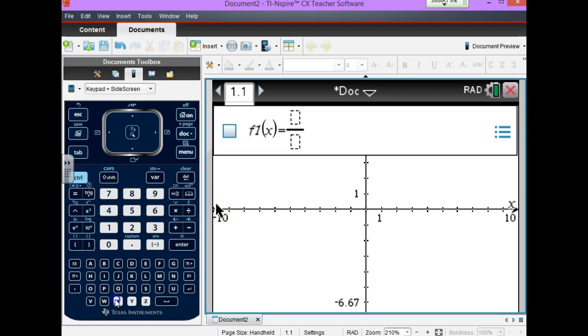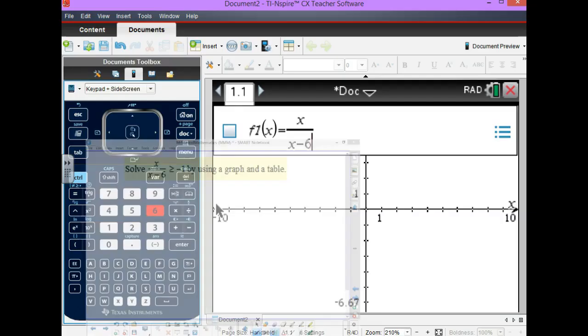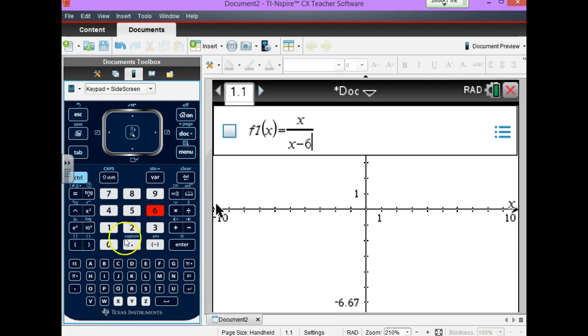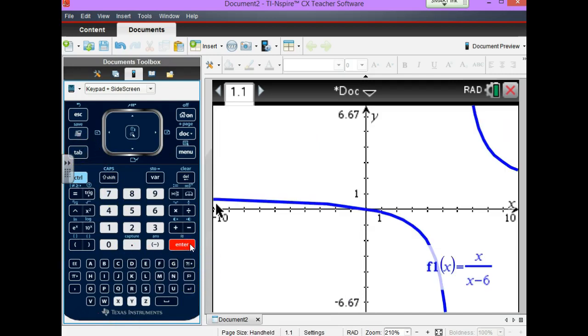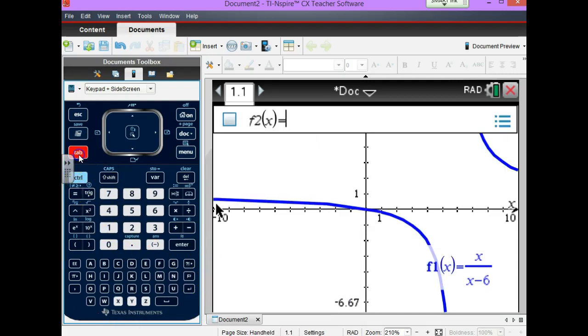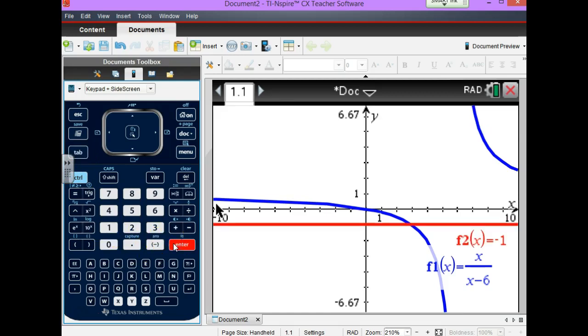So it's x over x minus 6. And the other function, let's go back to the problem, is simply -1. So I'll hit tab, or I guess enter. And now I'll hit tab, -1, enter.